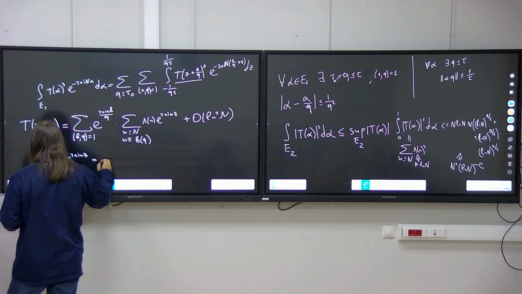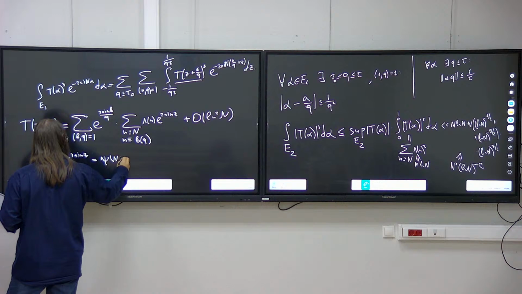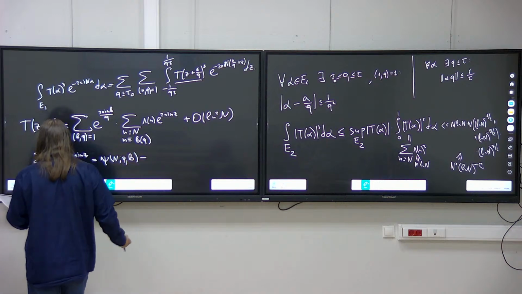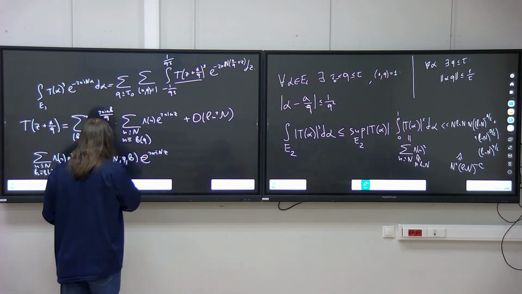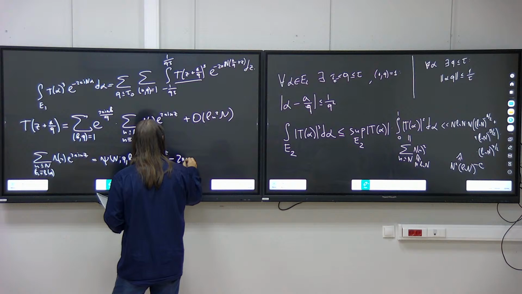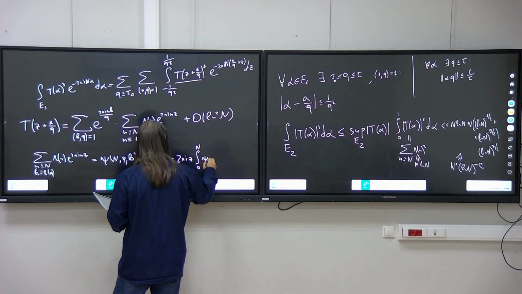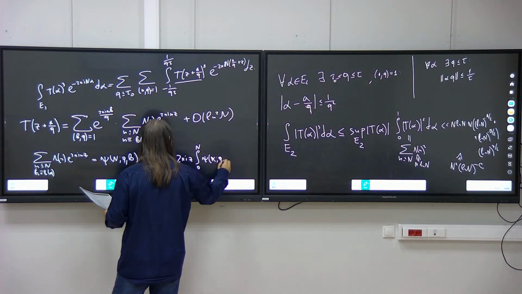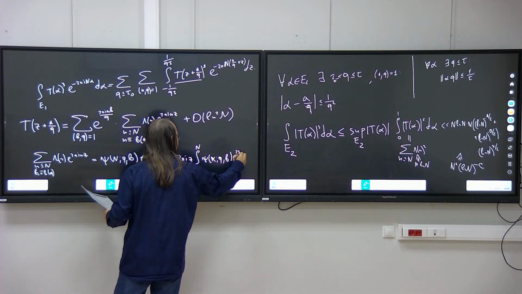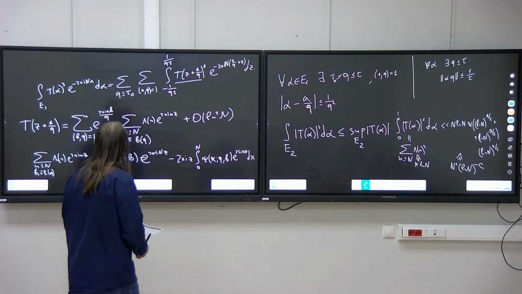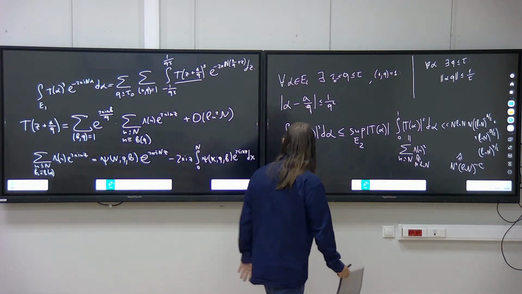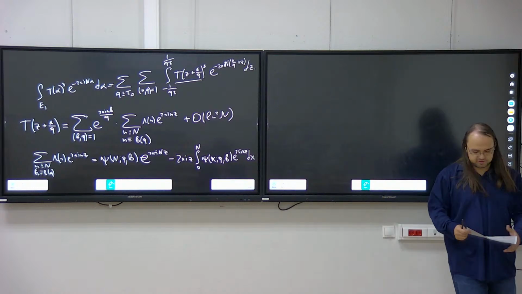It is equal to psi of N, q, b times e to the 2 pi i N z, minus 2 pi i z times the integral from 0 to N of psi of x, q, b e to the power 2 pi i x z dx. This is just an integration by parts. Psi is the sum of the Mangoldt function without the exponent.